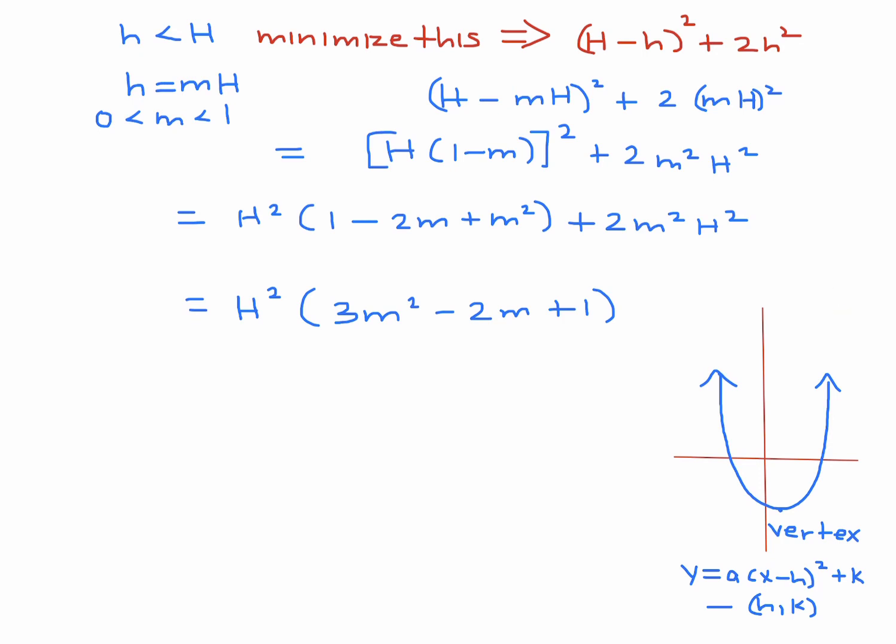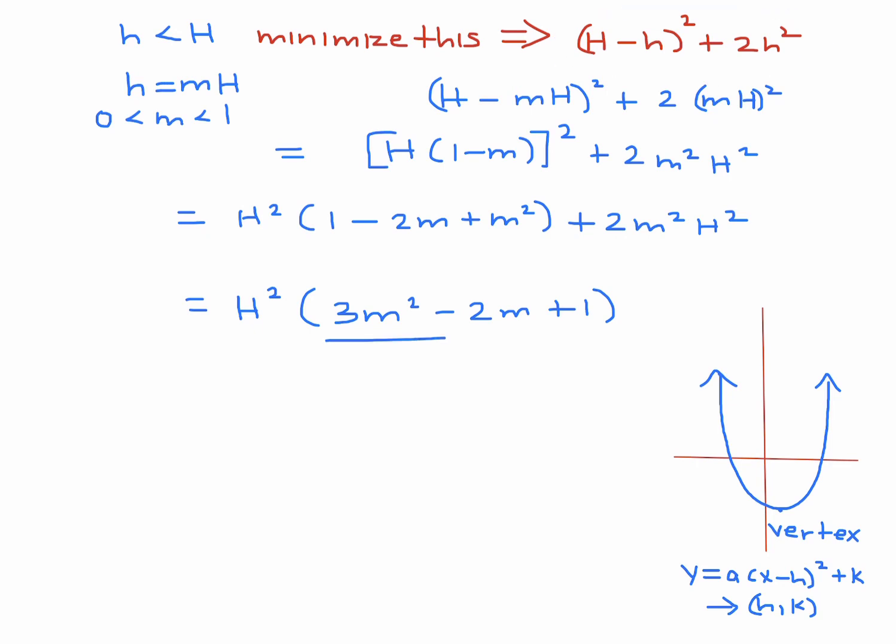And this parabola has a minimum point right there, and that minimum point is the vertex. And the vertex of a parabola, if the parabola is in this form, will be (h, k). So our task is to get this into this form. If we do, we can get the minimum value of m, and that will allow us to figure out the minimum value of this whole expression right here.